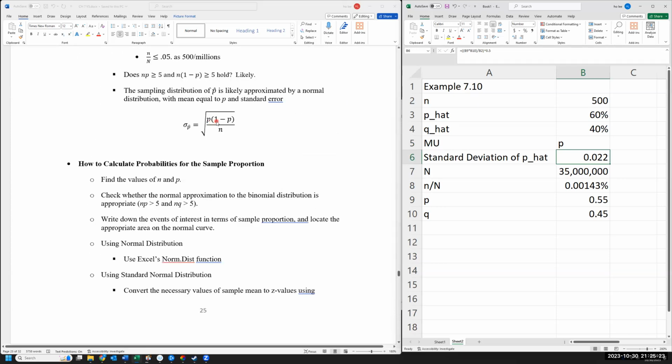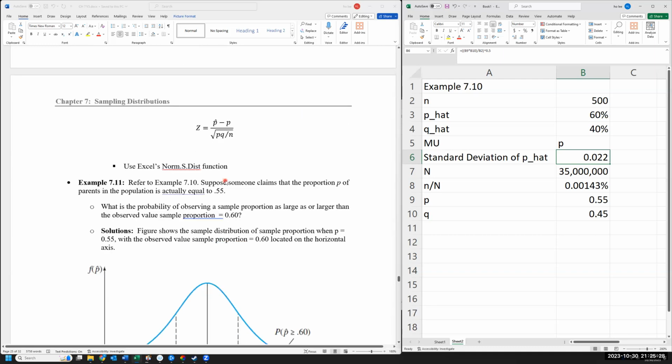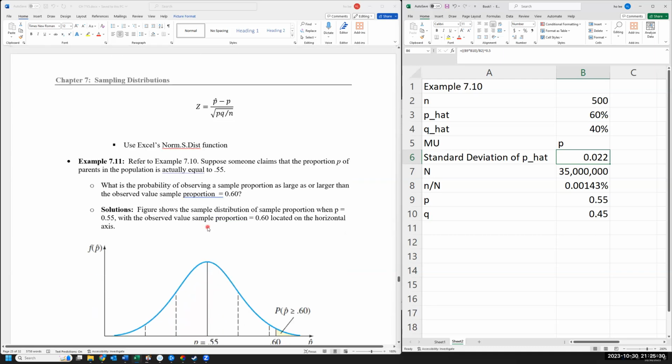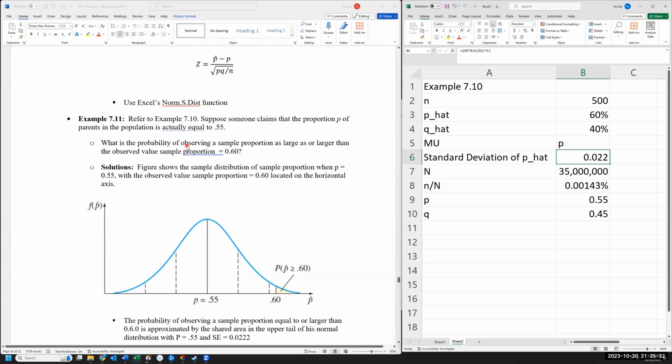Yeah, P times Q divided by N, the whole thing is square rooted. What is the probability of observing a sample proportion as large as or larger than the observed sample proportion of 0.60? That's the question they want you to find. One thing we did find is a standard error. We need that to find this anyway, okay?